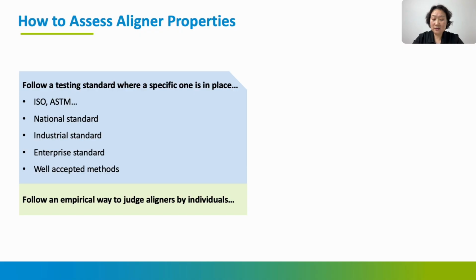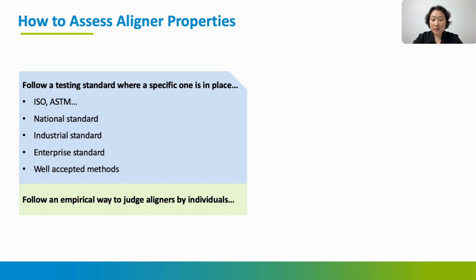To assess aligner properties before and after aligner is produced, the following questions need to be answered. What properties need to be tested? By using what standards or method? And how to test?